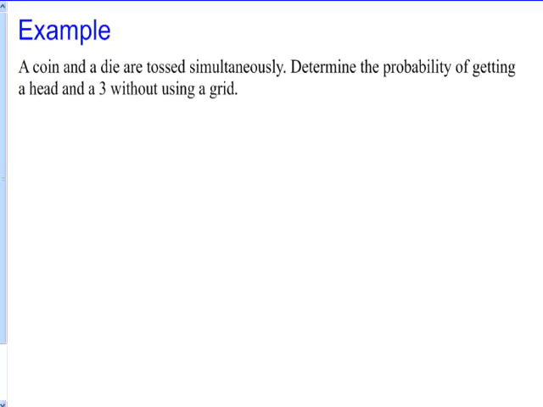So there's a 1/2 chance that we get the outcome that we want, because we want the probability of getting a heads, multiplied by getting a 3. There are 6 numbers on a die, and there's only one 3, so we have a 1 out of 6 chance of getting a 3. So I multiply across, and I have a 1/12 chance that I'll flip heads and get a 3.